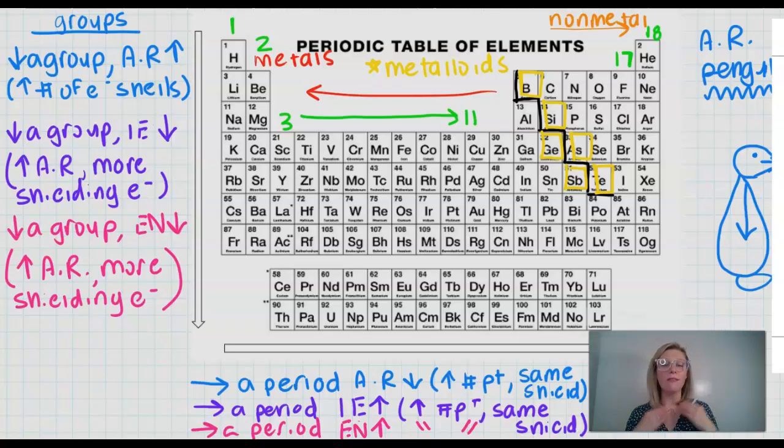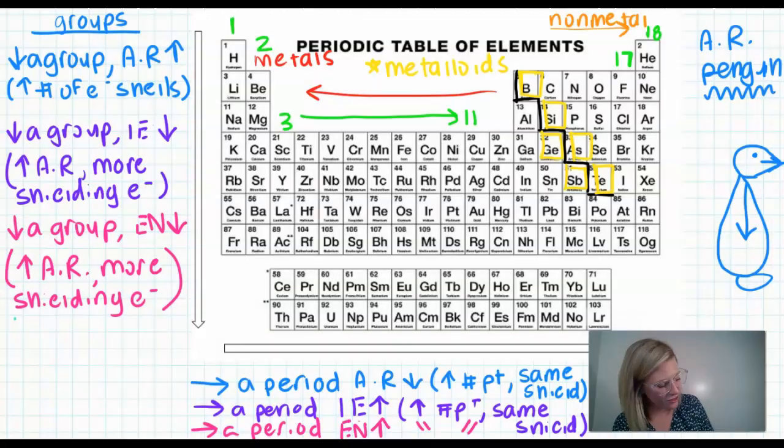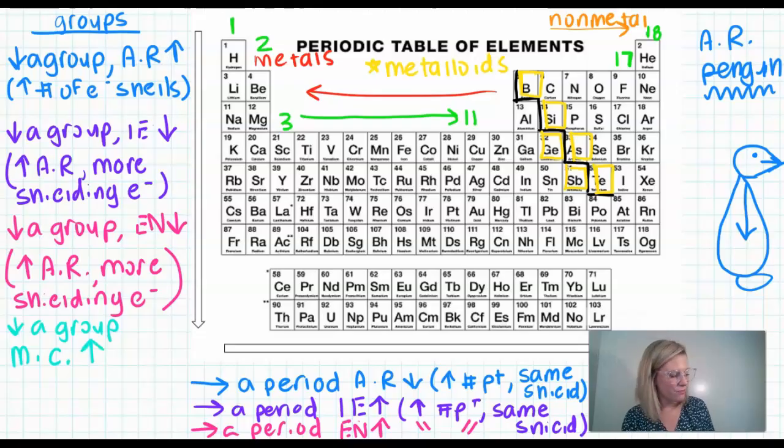That's what I like to remember, and then that helps me remember the trend. So if we're thinking about an atom that is most metallic, remember that metallic character, which I'm going to abbreviate MC, is going to increase going down a group.